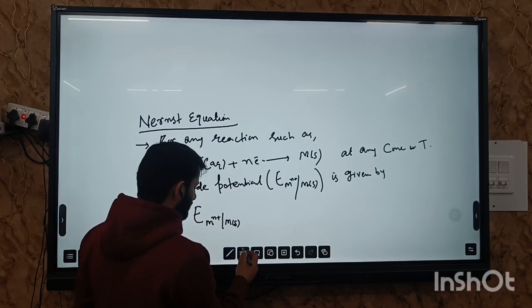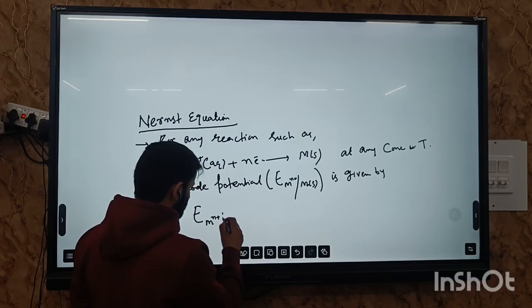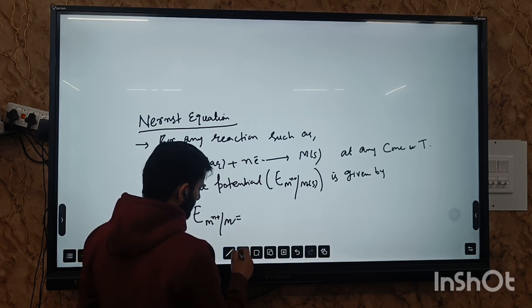I may not write solid always. We can simply write M here. It will be given by.